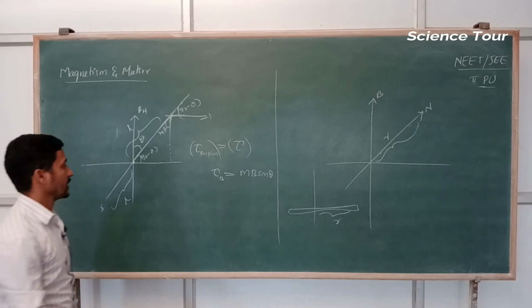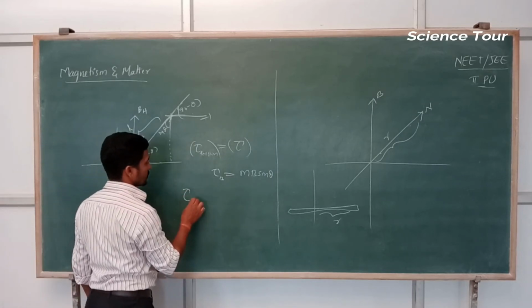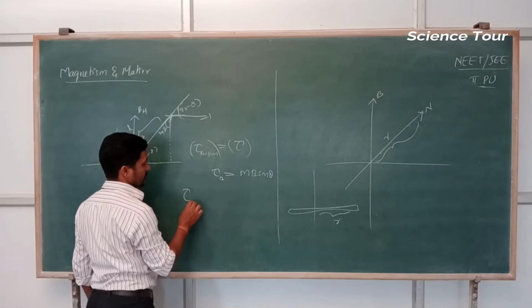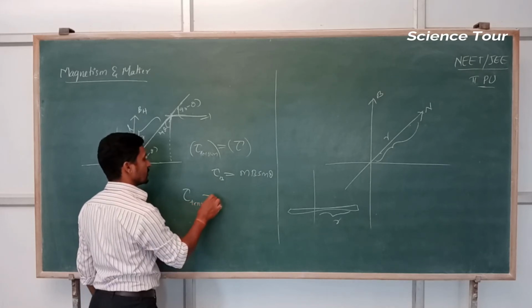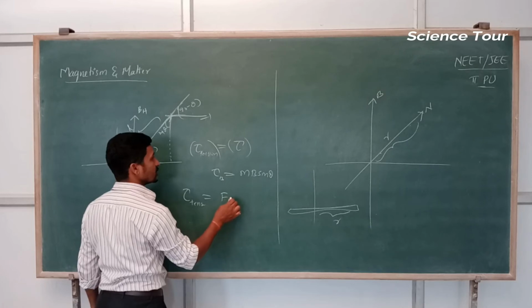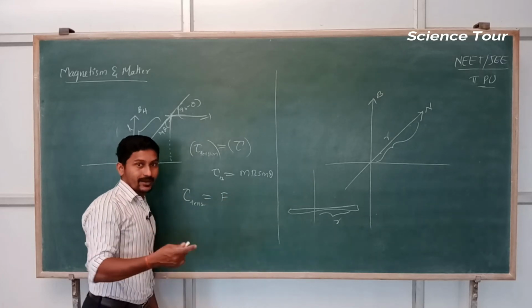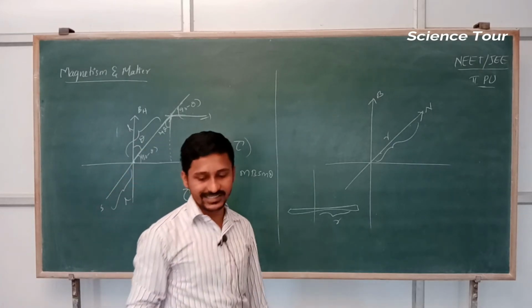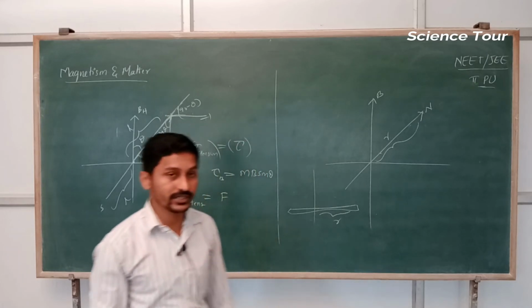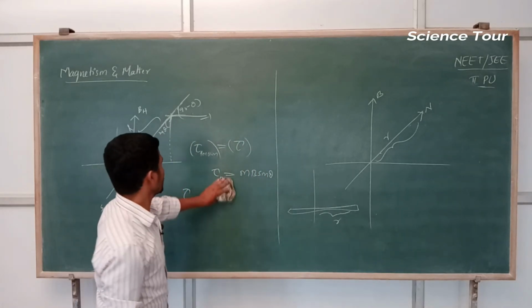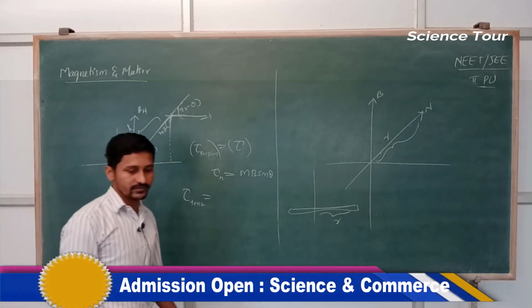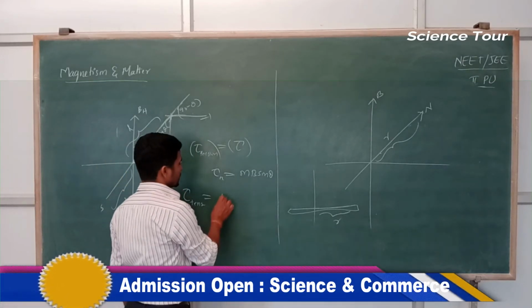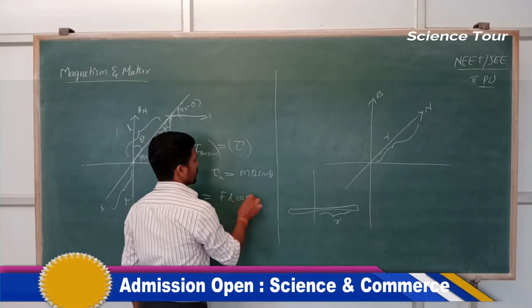So you can get the torque because of the tension, which is equal to r F sin theta, isn't it? Here also, sin of 90 minus theta is nothing but cos theta, so you can write F into L into cos theta.